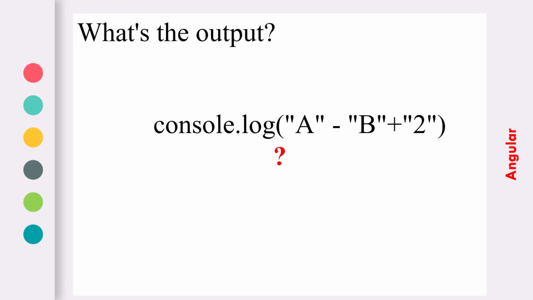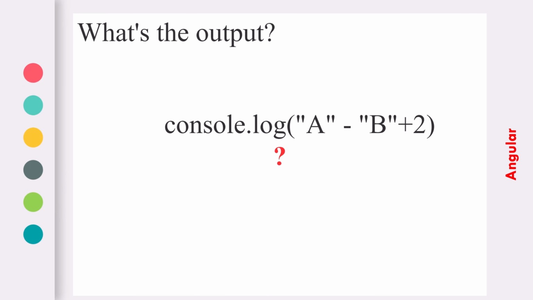So when we try to convert string A and string B to a number, they evaluate to NaN, not a number. The expression "A" - "B" results in NaN, and we concatenate the string 2 to the NaN. So the output is NaN2.